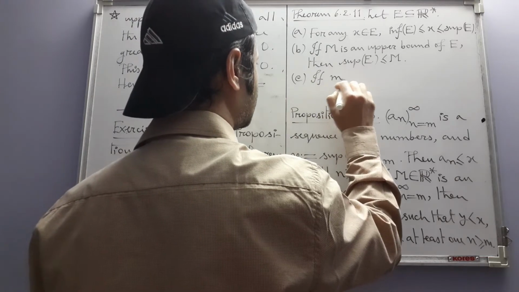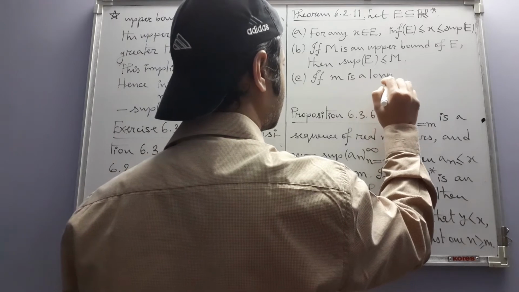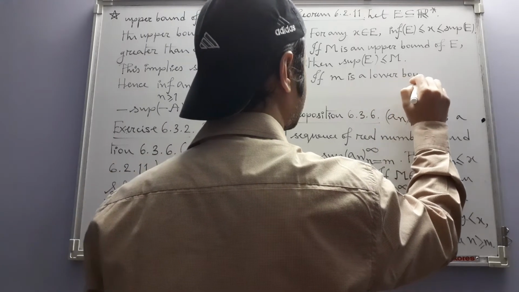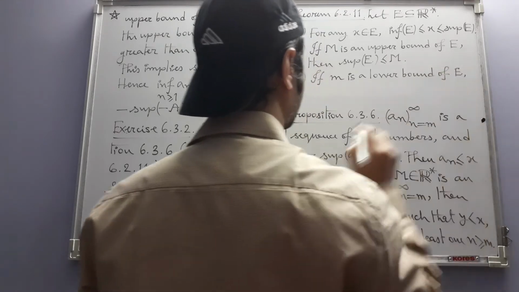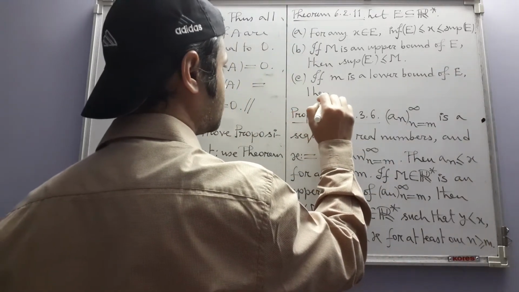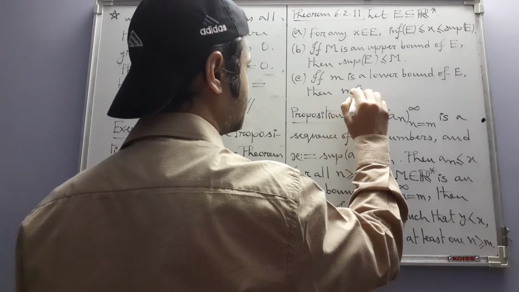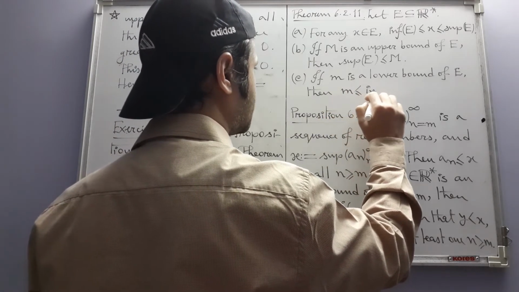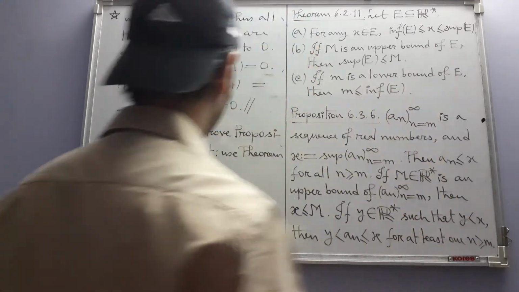If this is a lower bound of E, then M is less than or equal to the infimum of E.